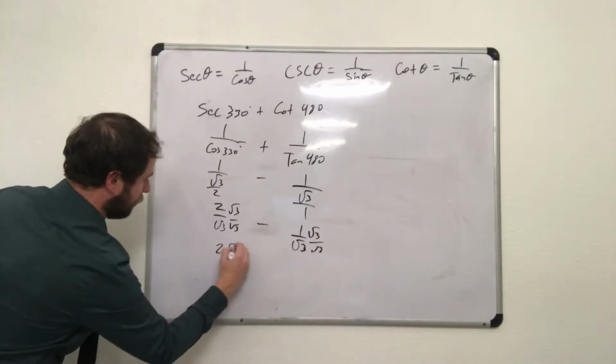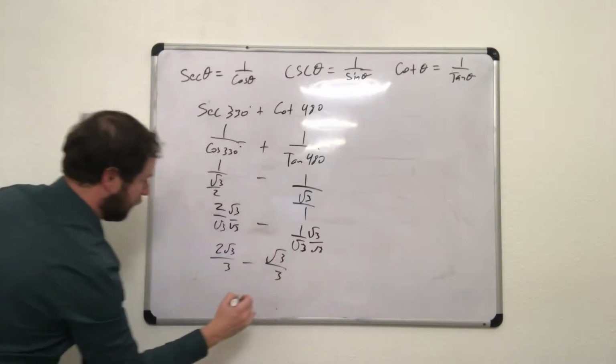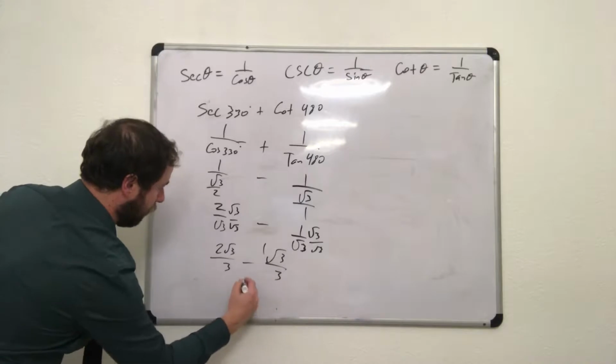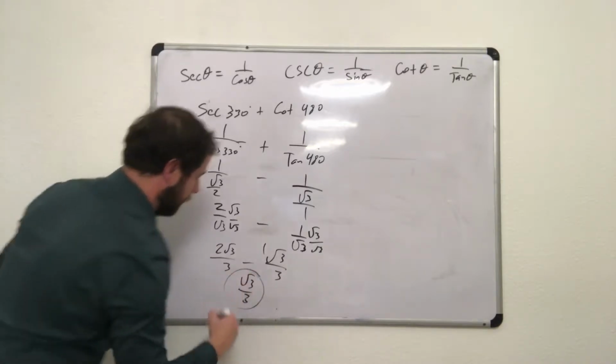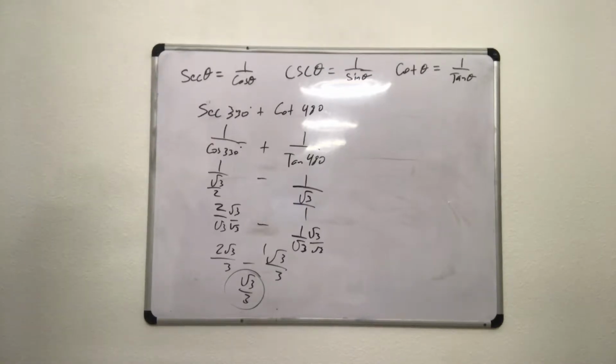So this ends up being 2 root 3 over 3 minus root 3 over 3, which becomes simply, because it's an implied 1, root 3 over 3 is your answer to this one.